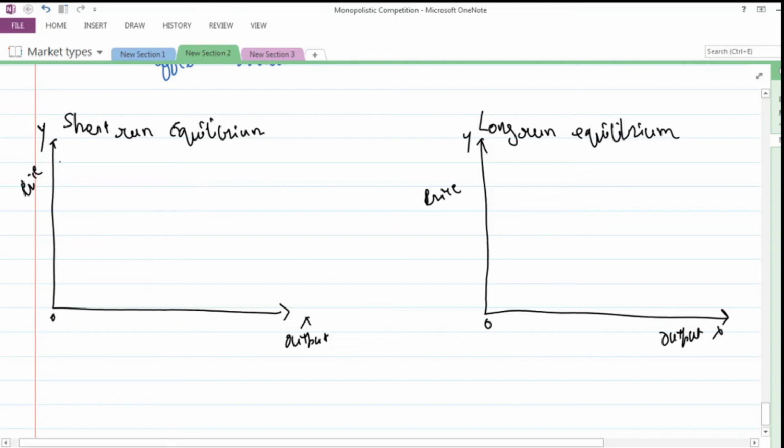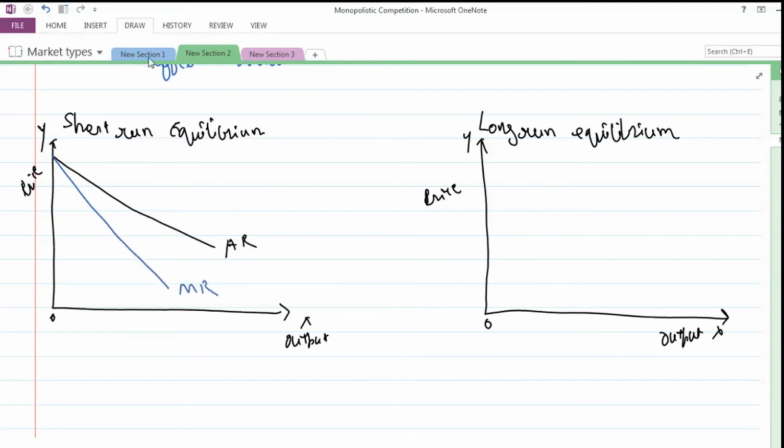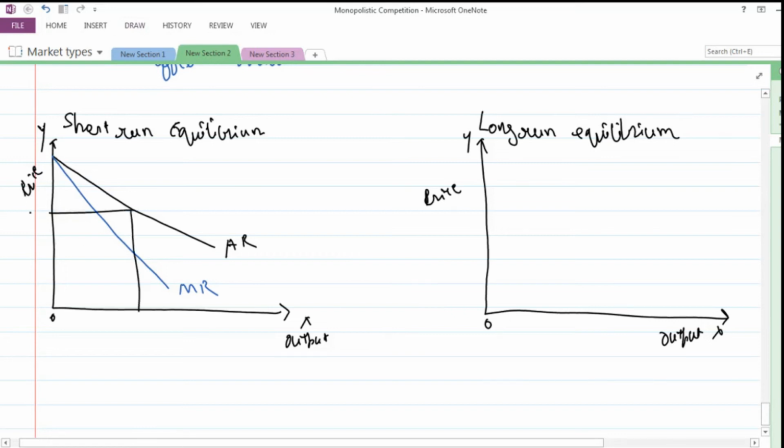This is the AR curve. This is the MR curve. The price is determined here. The price is P. This point is Q. So PQ is the price and OM is the quantity.